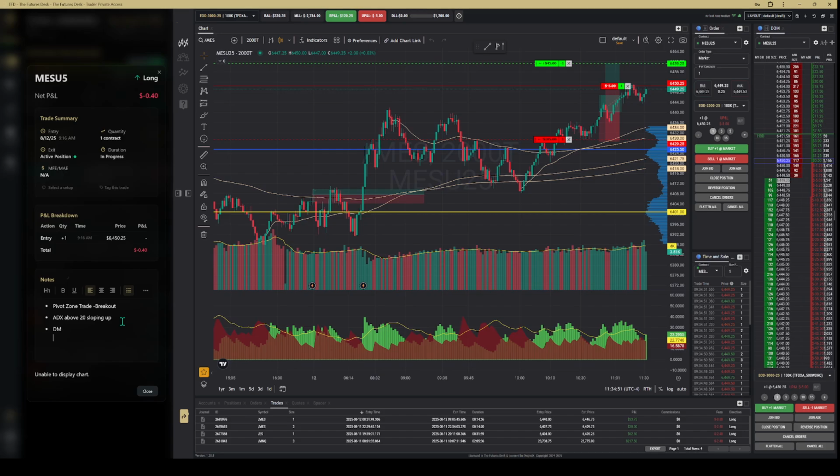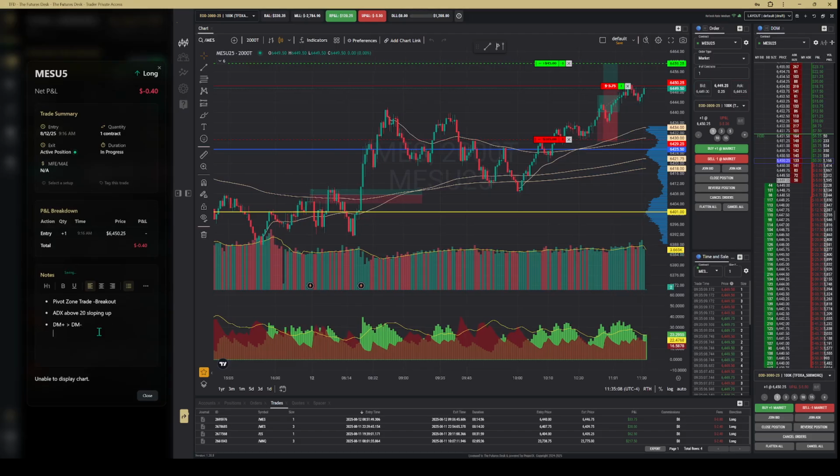DMI plus, that's the green down here, greater than DMI minus, which is the red. And we'll call volume surge greater than 10 MA on previous bars.